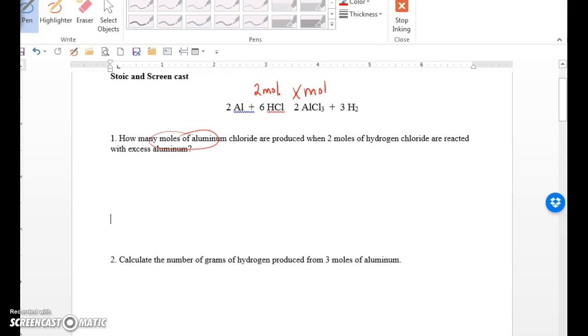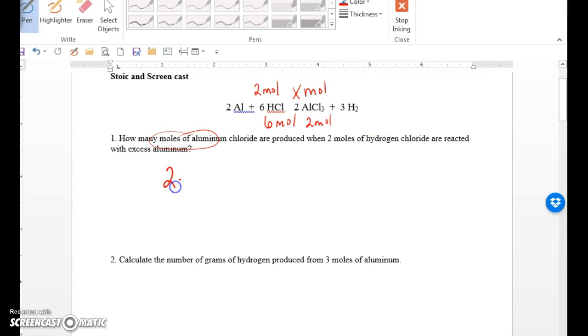Now on a mole-to-mole problem, and this is mole-to-mole because I'm given moles and I'm asked to find moles, you don't even need your periodic table for this part, because what you'll do then is use the coefficient and put it on the denominator side.